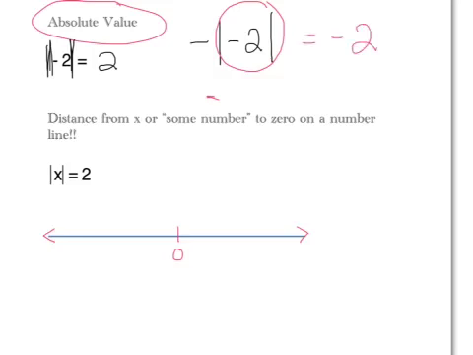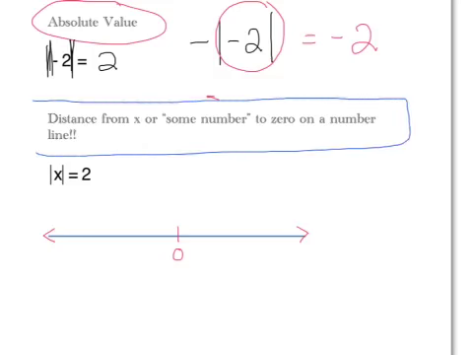All right. The one thing that I want to be clear about is what I actually like as a definition for absolute value. Absolute value is really the distance from x, or some number, to 0 on a number line. Okay, so for example, if I said to you the absolute value of x equals 2, that means the distance from 0 to that number is 2.